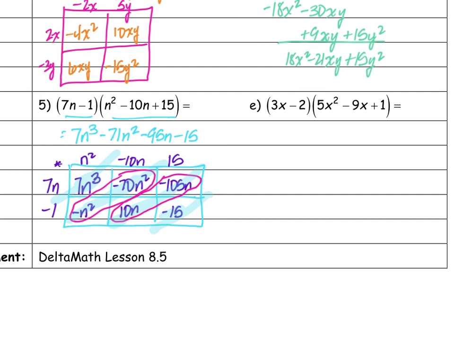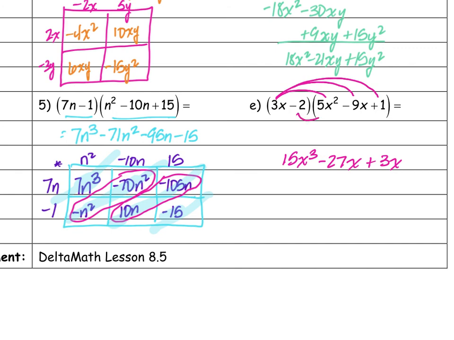So 3x times 5x squared is 15x cubed. And then 3x times negative 9x is negative 27x squared, sorry. And 3x times 1 is 3x. Okay, now I have to do the same thing, only I'm doing it with the negative 2.